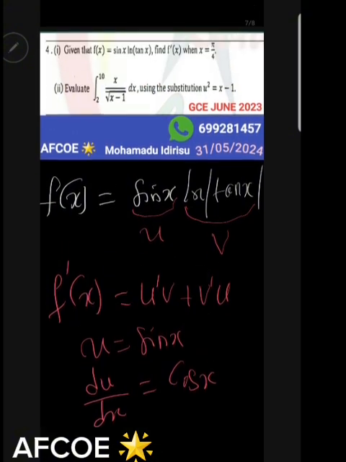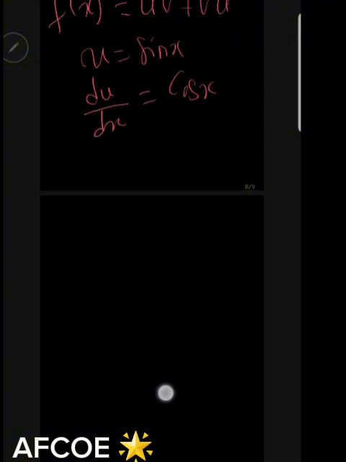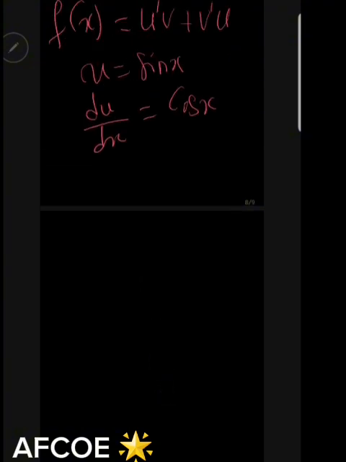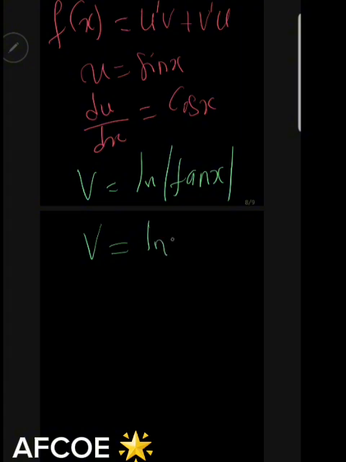Now, our v is equal to the ln of tan x. There is a formula that when you have a function, let us say tan x is u, the derivative of ln u is simply u prime on u. In our future videos we may derive it.